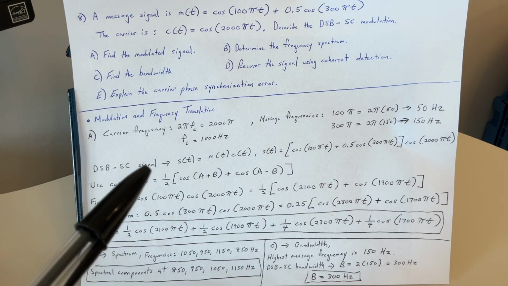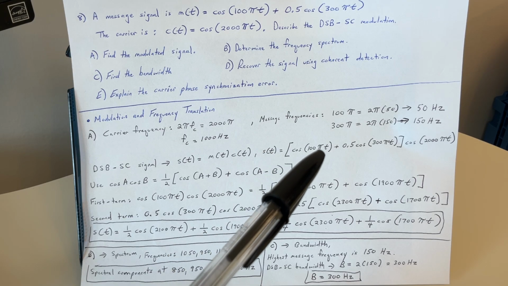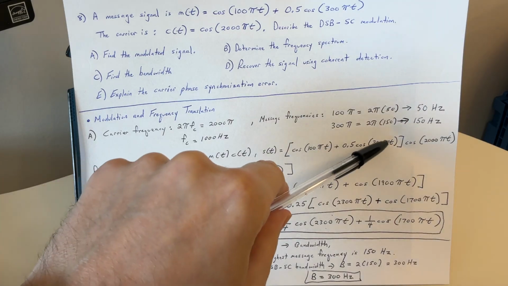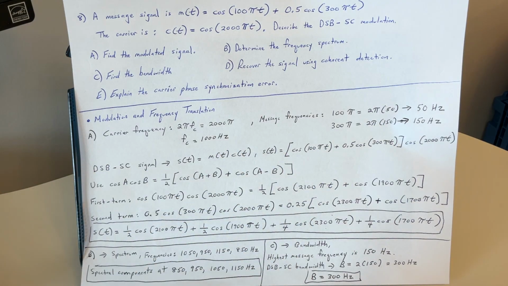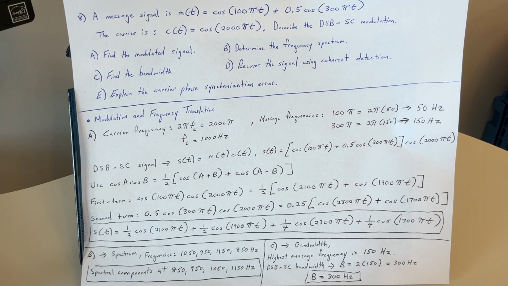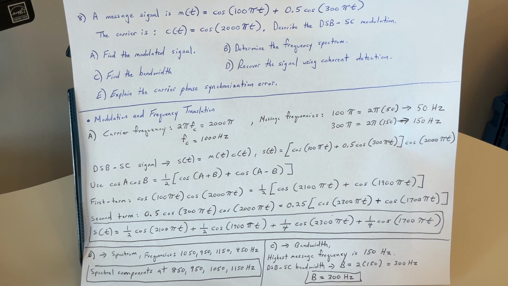Our DSB SC signal is S of t equals M of t C of t. So S of t equals the quantity cosine 100 pi t plus 0.5 cosine 300 pi t, times cosine 2000 pi t. Using cosine A, cosine B, we get 1/2 bracket cosine A plus B plus cosine A minus B, close bracket. First term equals the following: cosine 100 pi t, cosine of 2000 pi t is 1/2 bracket cosine of 2100 pi t plus cosine 1900 pi t.